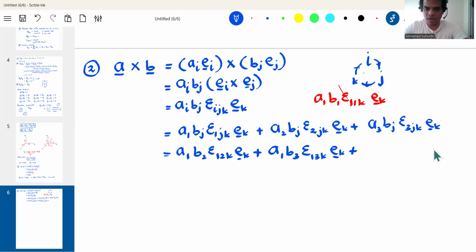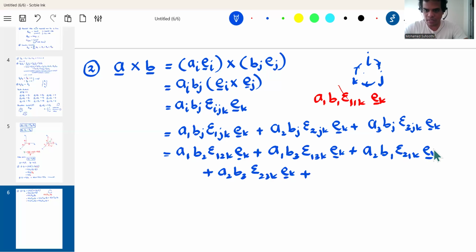Then I can write 1 and 3: A2 B1 epsilon_21k e_k, then A2 B3 epsilon_23k e_k. Now the second term is done.